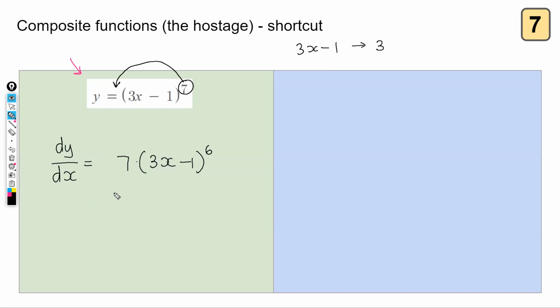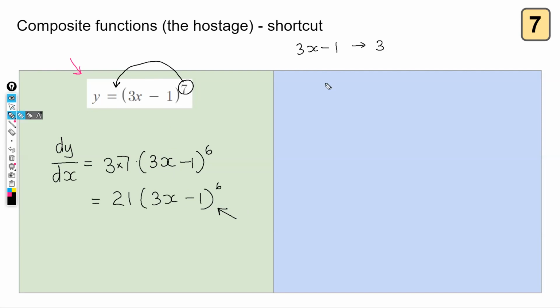And when you do that, you'll get 21 times (3x minus 1) to the power 6. Can you all confirm if this is the same answer we got when we did it the long way? Look back in the notes. Is it the same answer? All you're going to do is throw the power in front, differentiate whatever is in the brackets, and throw that outside as well.